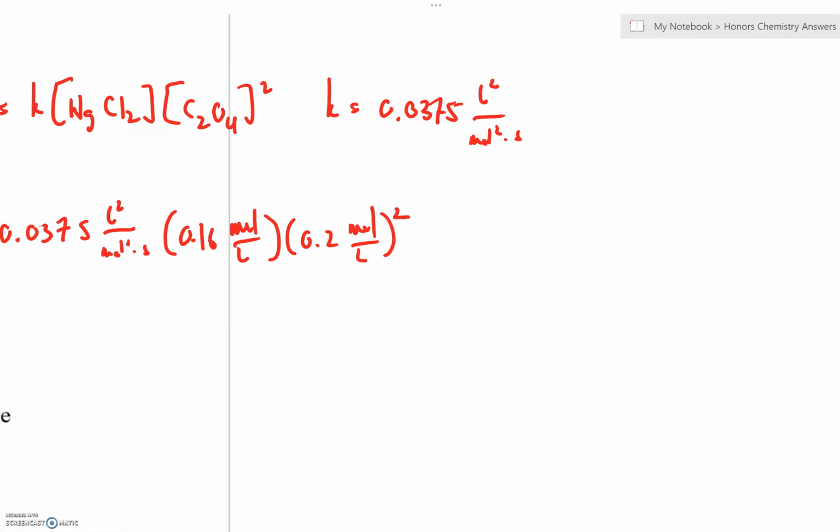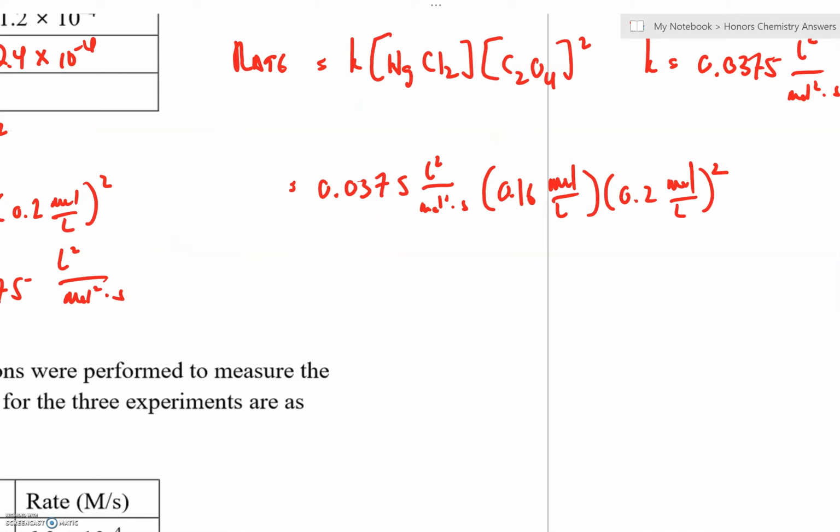And remember that oxalate is second order. So we're going to crank all this out. Before we do anything, let's take care of this guy in parentheses. We're going to square this. We know it's going to be 0.04. We're going to square the units. We have this now: 0.04 moles squared over liters squared.